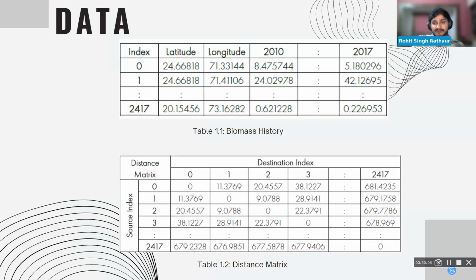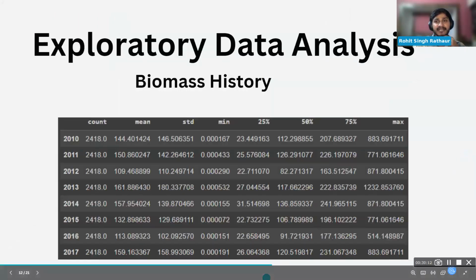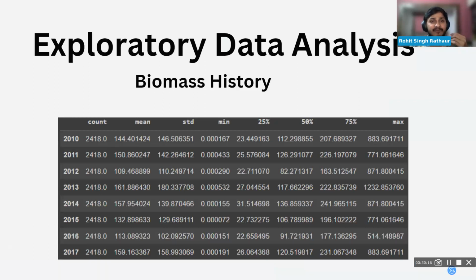Now if I move to the next slide. Here, I did some exploratory analysis. As we know, before moving to any ML problem, whenever we have some kind of data set, we should always try to do some kind of data analysis, so we have an idea of what this data is representing.